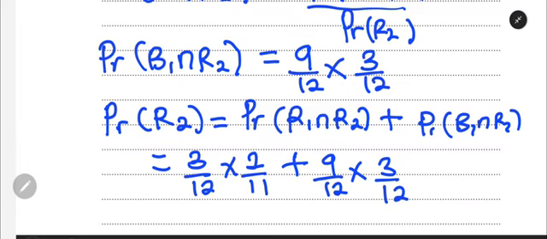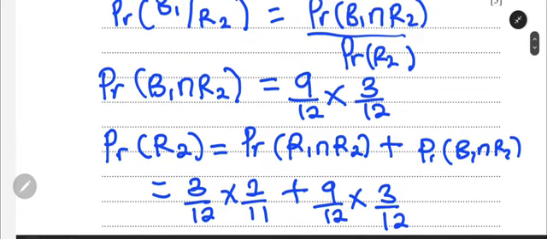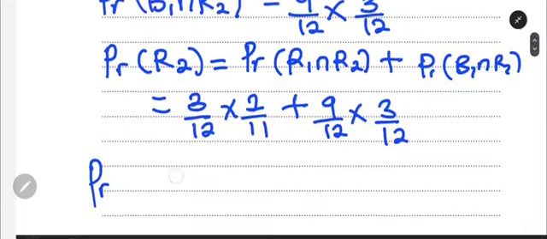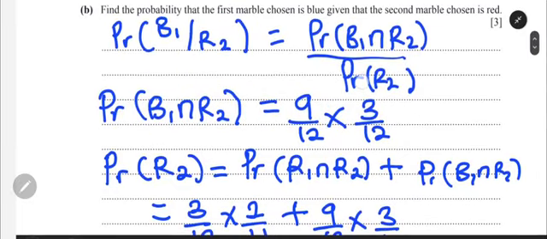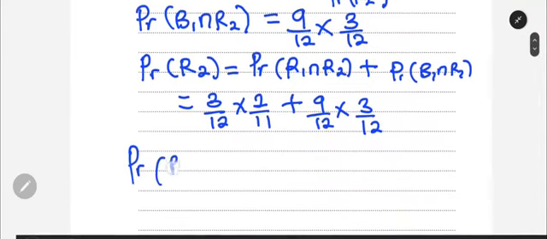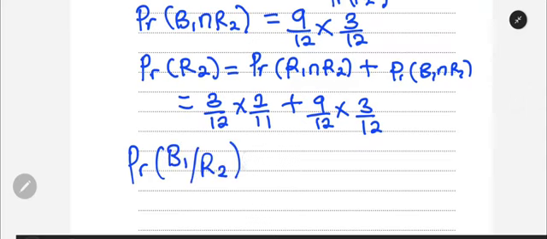So we've gotten the value for B1 intersection R2 and the probability for R2. All we need to do now is to substitute that here to get the final answer. The formula, the probability of B1 given R2.